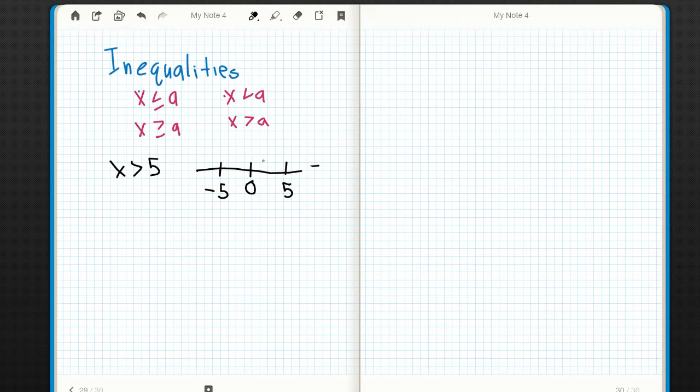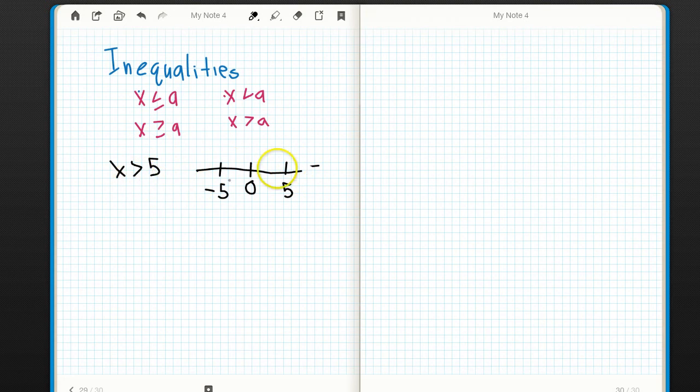What I usually do is take the number the inequality is set to, and also the opposite, the negative number. So x is greater than 5, so we use a number line with -5, 0, and 5, and we're going to put our starting point at 5.